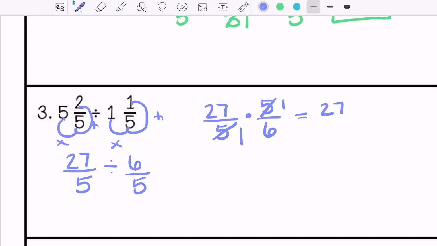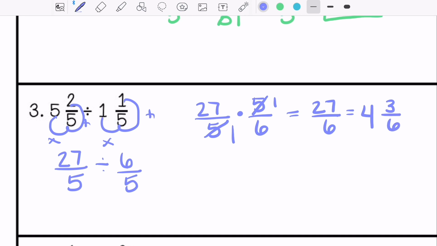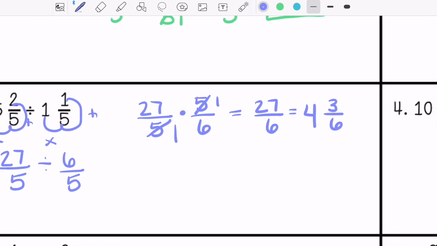So I have 27 over 6. 6 goes into 27 4 times with a remainder of 3 over 6. We can simplify this a little more. So my answer is 4 1/2.